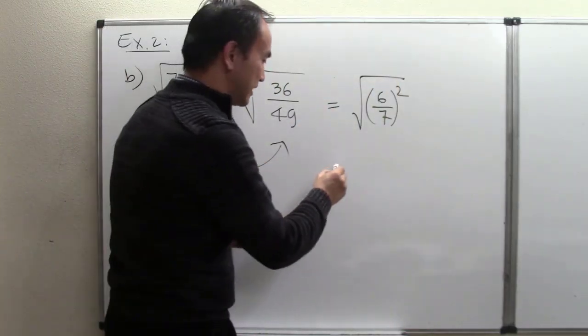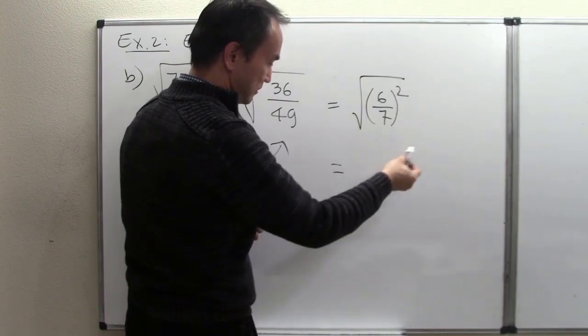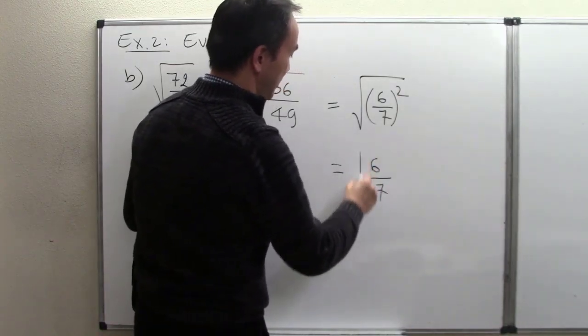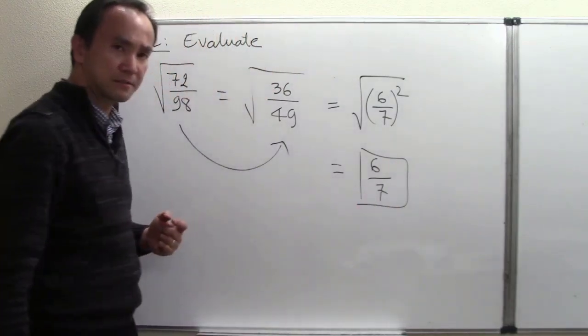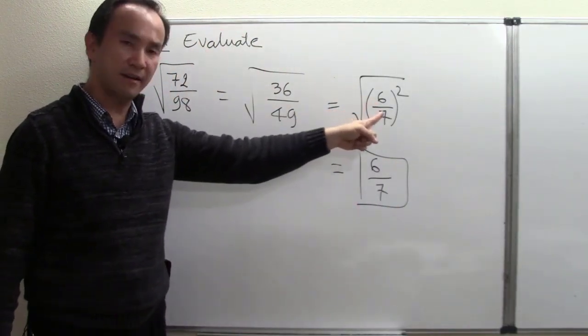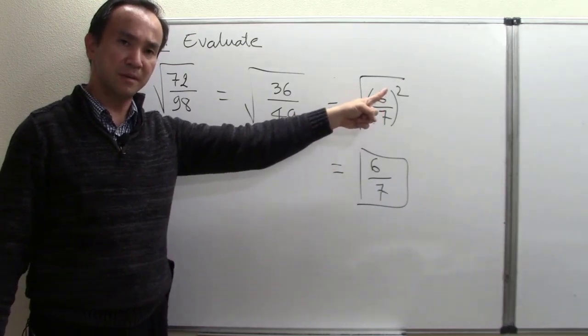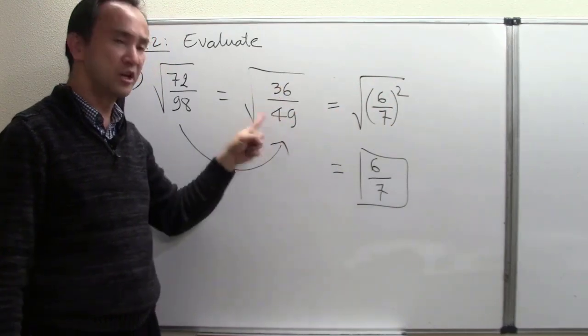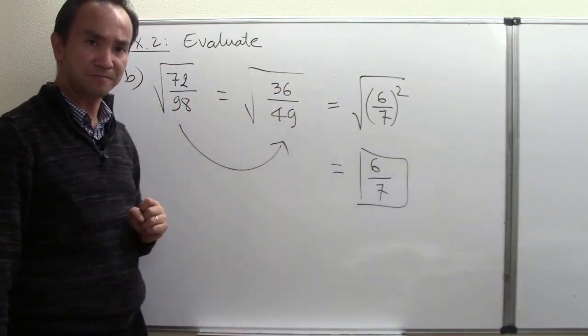Taking the square root of a perfect square, the answer comes out simply as 6 over 7. And yes, it's as easy as that. So the extra step I did here, before turning our expression into a square, was that I reduced the fraction.